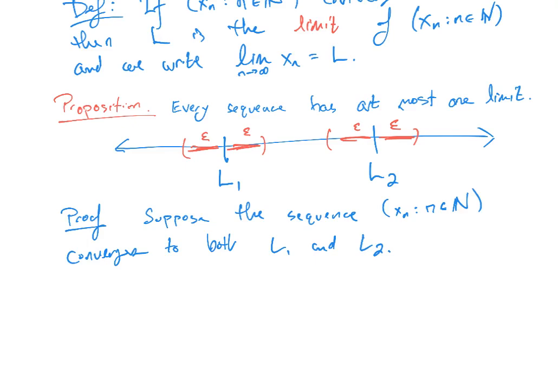Now, just a little bit of proof writing here. We could, if we wanted to, say right now that L1 is not equal to L2, and then we're going to get a contradiction. I happen to know how this proof is going to go, and what I would rather do is conclude at the end of the proof that L1 is equal to L2.